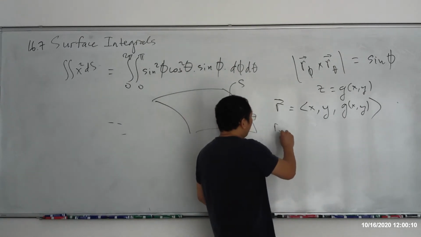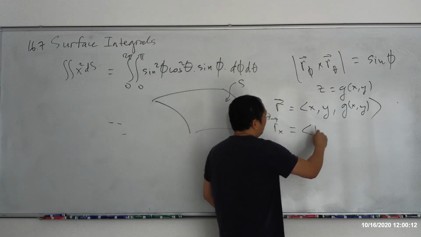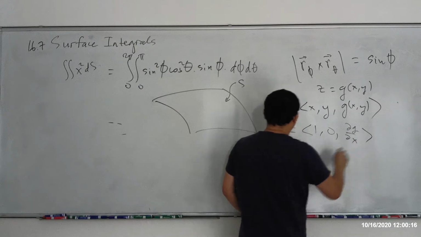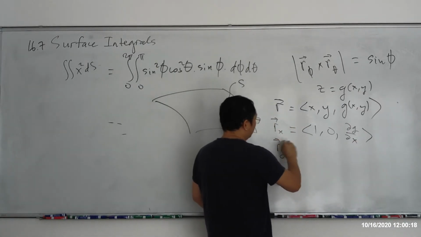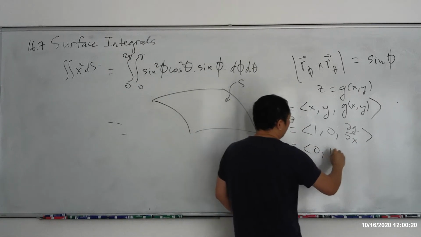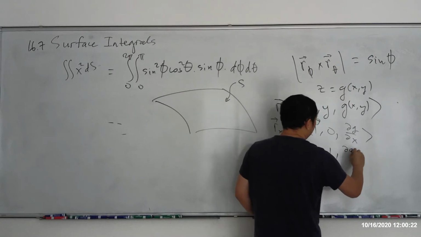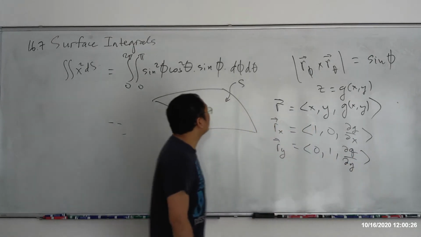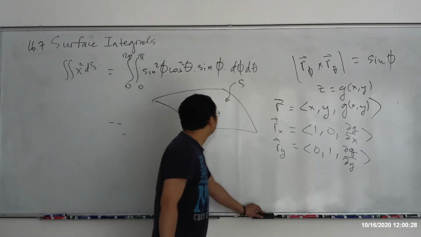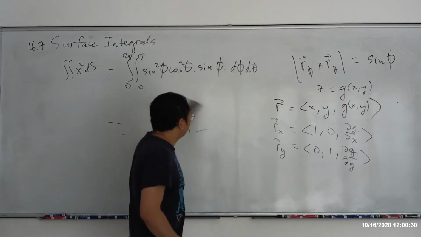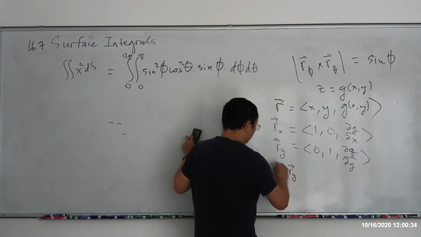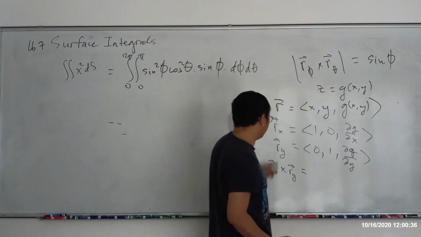So you calculate Rx. It's going to be what? 1, 0, dg over dx, right? And then Ry is going to be 0, 1, dg over dy. And you cross them, then you come back to our formula. Rx cross Ry, like before.